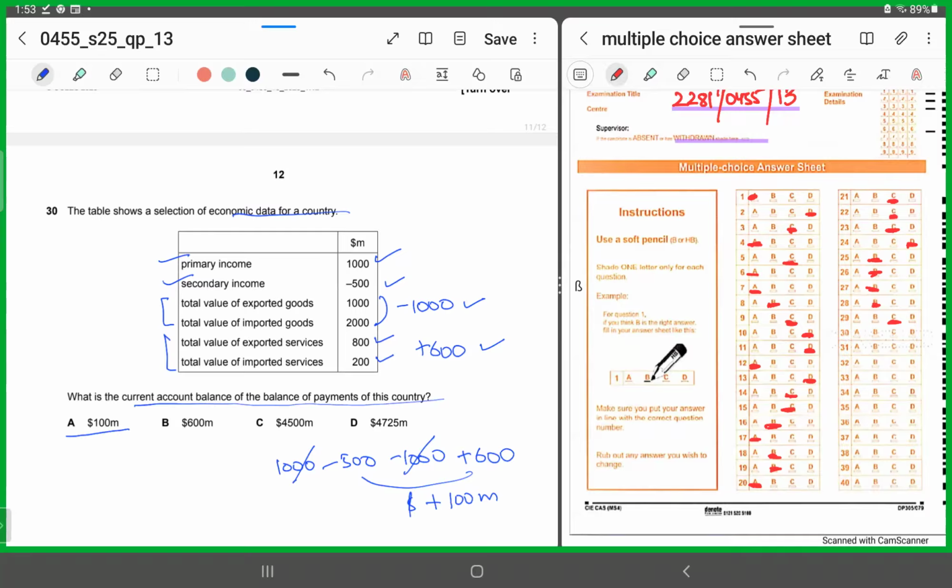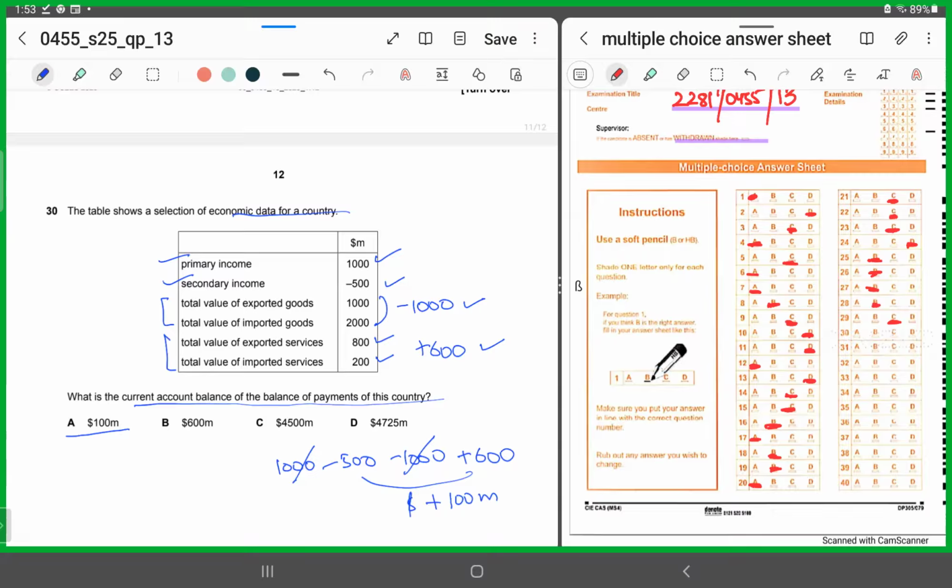The trade in goods displays the value of exported goods and the value of imported goods. It was displaying a deficit. Trade in services displays the value of exported services and the value of imported services. It was displaying a surplus. Primary income is the income earned by people working in different countries, and investment income which comes into and goes out of the country.